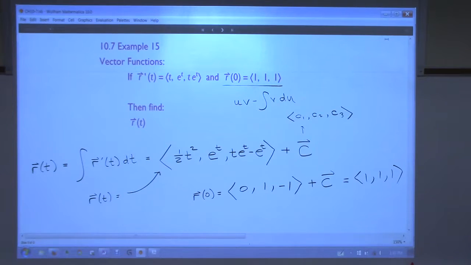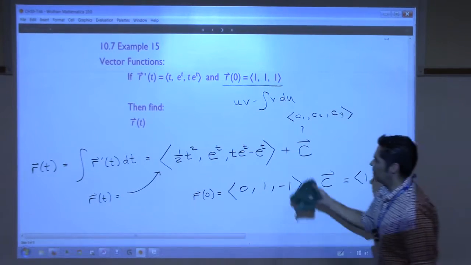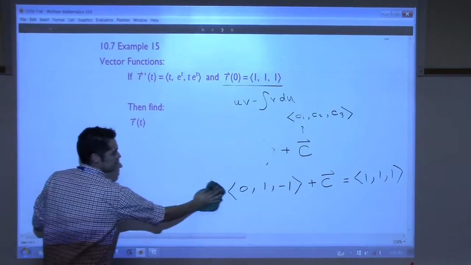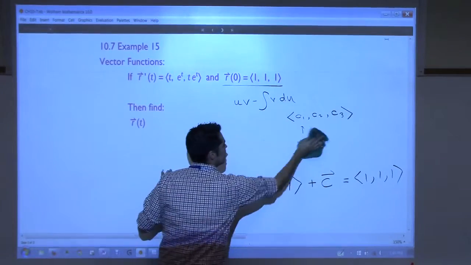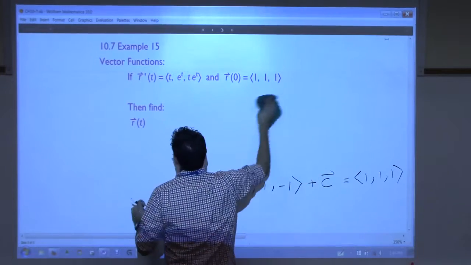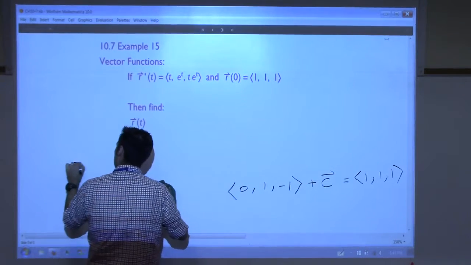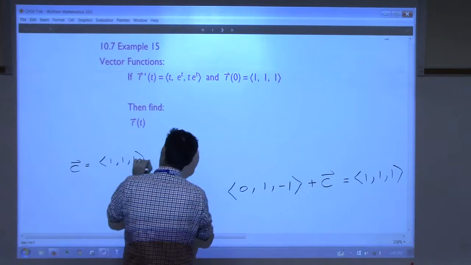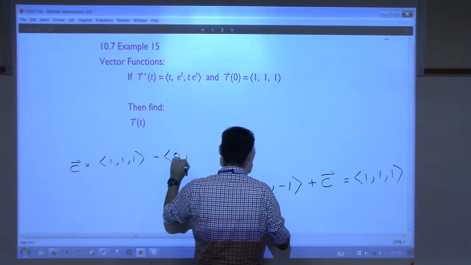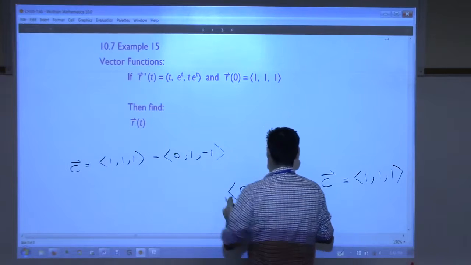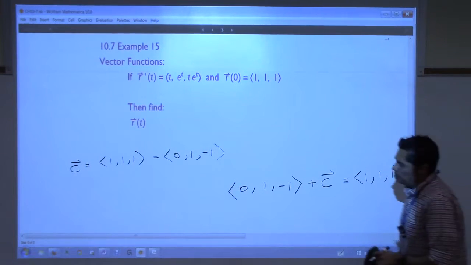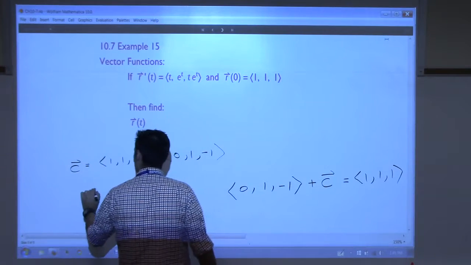Understand what I did there? Now solve for the constant vector. Don't you just subtract both sides of that equation? The constant vector should be the 1, 1, 1 vector minus the 0, 1, negative 1 vector. So it's like you're subtracting both sides of this, which is what? 1, 0, 2?